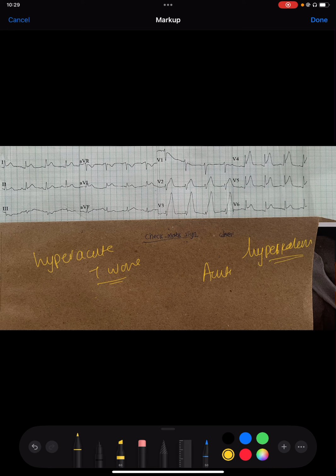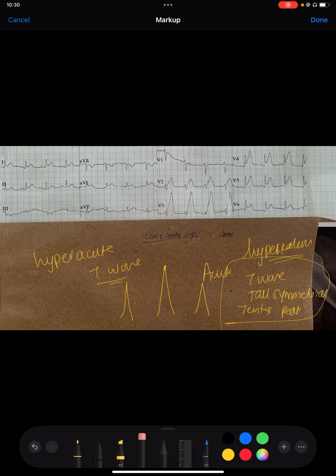In hyperkalemia, the T wave is tall, symmetrical, tented, and peaking. The tall T will be like this, a very, very sharp T. So this is a tented and peaking tall T, and it suggests hyperkalemia.